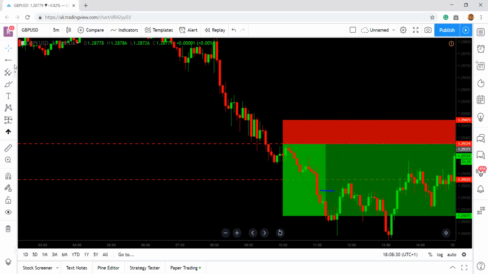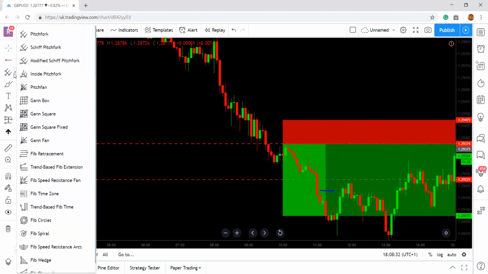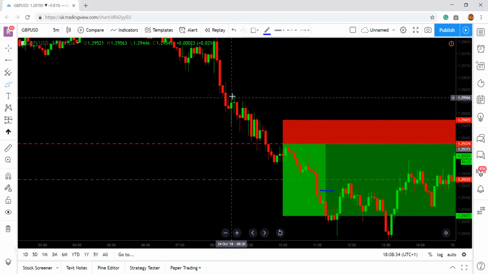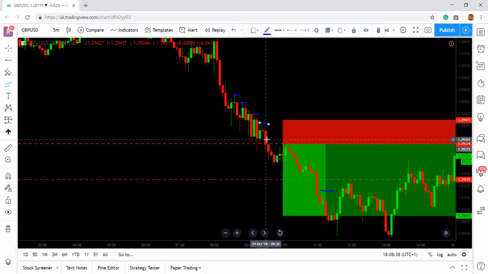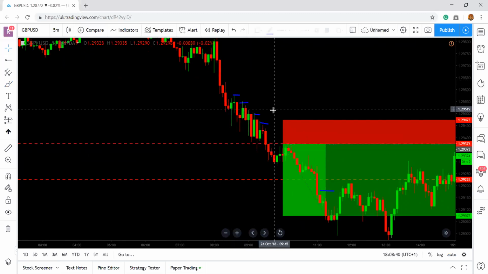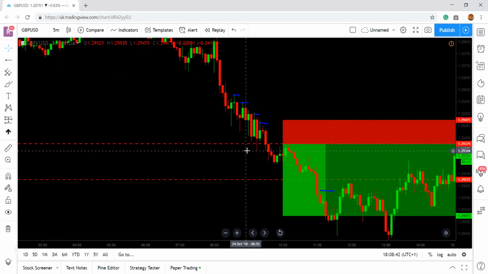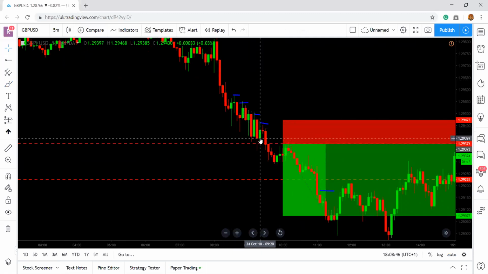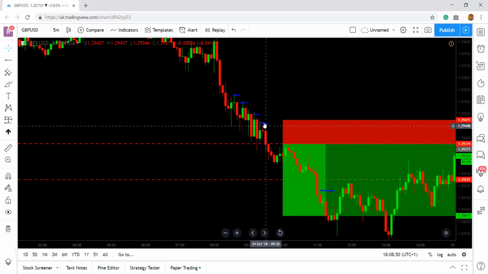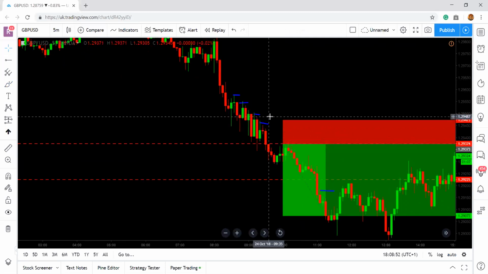I looked at price in a bit more detail, and I started to see that price was making new lows, which was obviously an indication to me that we could possibly be pushing down to make a new lower low. I started to see this rejection on the next 5-minute candle. Even though it wasn't bearish, it was a strong sign of rejection to the upside, not breaking previous highs.